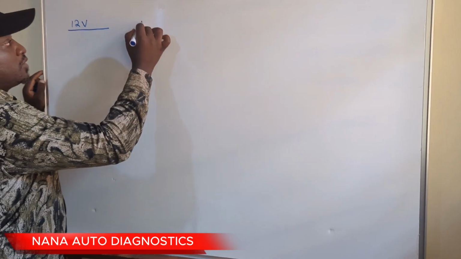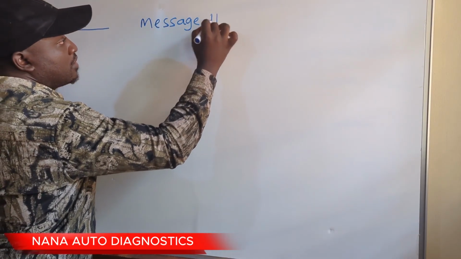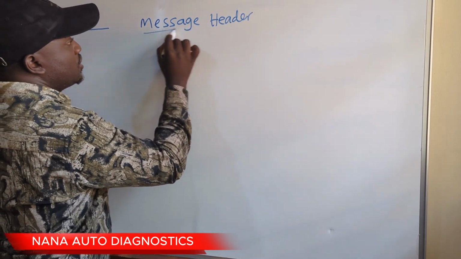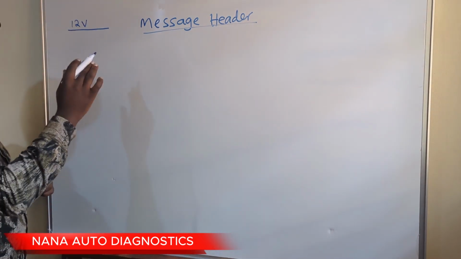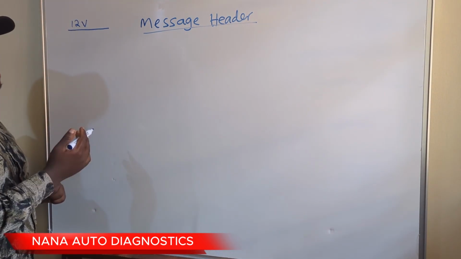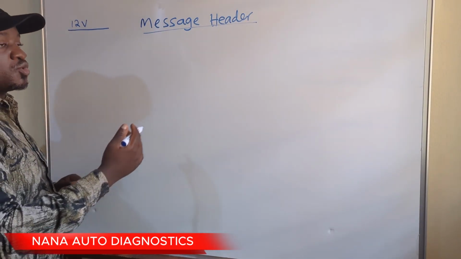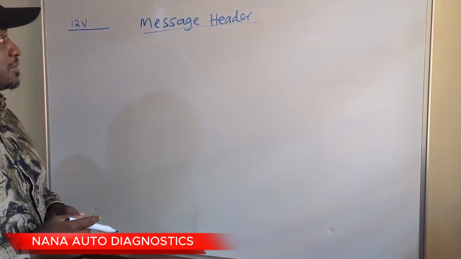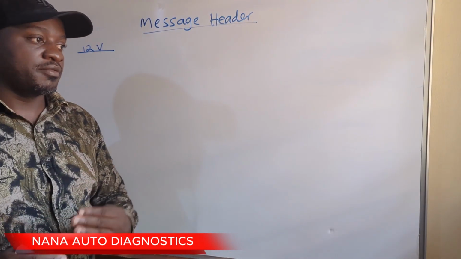So here we are talking about the message header. And remember, this is the message that is sent by the commander ECU to the slave or the responder ECU. So we shall begin our discussion with the break field.